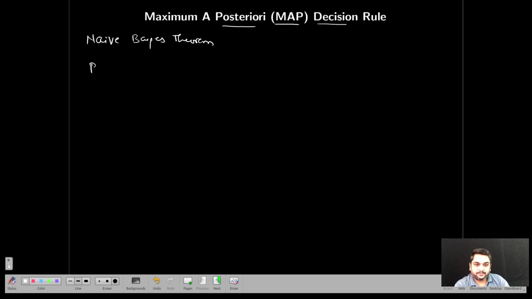The posterior probability of C given X is approximately equal to the probability of that class times the product of the probabilities of the features given that class from the data.